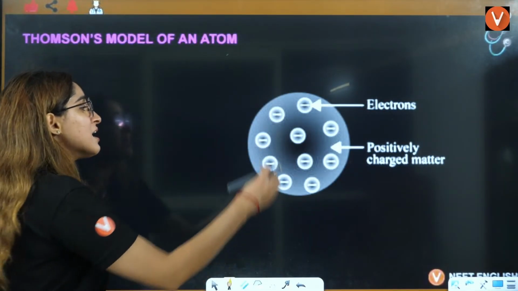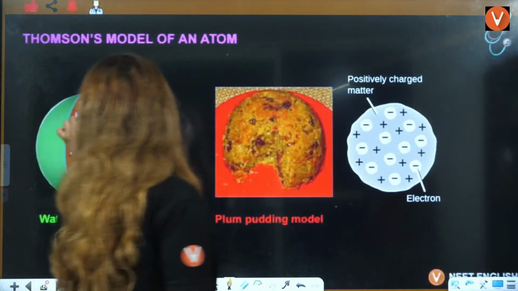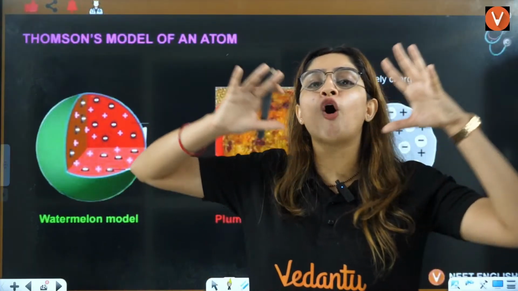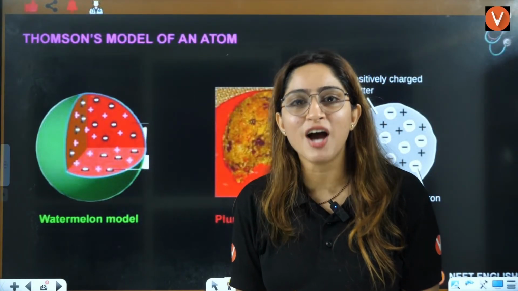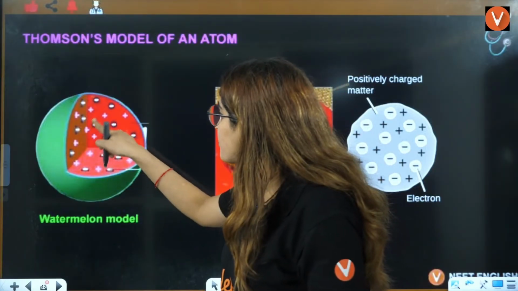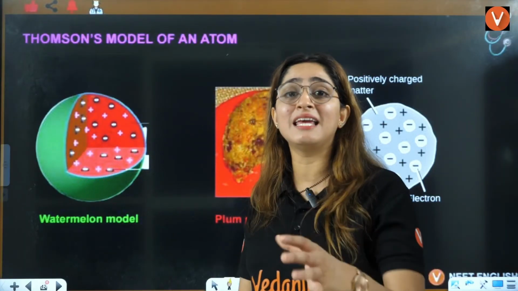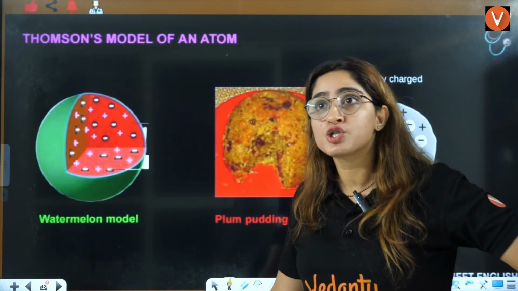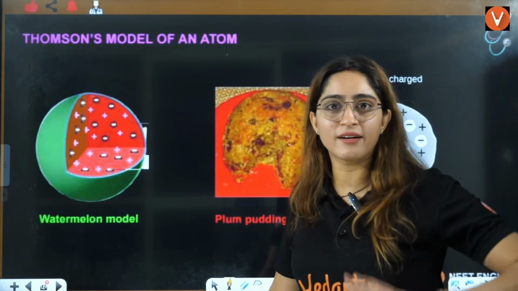So he said that this red part is your uniformly distributed positive charge, and these black seeds that you see are the electrons that are there. So he stated this model.